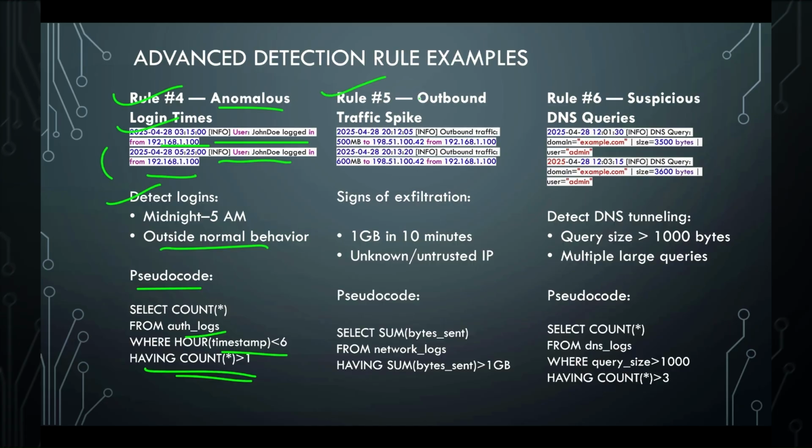So next rule example, we have outbound traffic spike. The objective here is to detect when there is an unusually high amount of traffic leaving your network, which could indicate data exfiltration. In the log we have timestamp, time, then info, and then outbound traffic 500 MB to this IP from this IP.